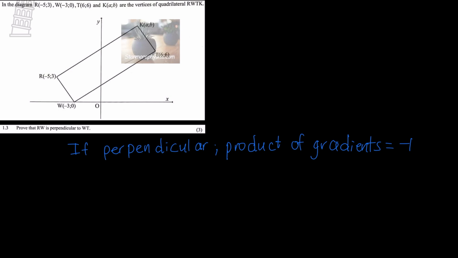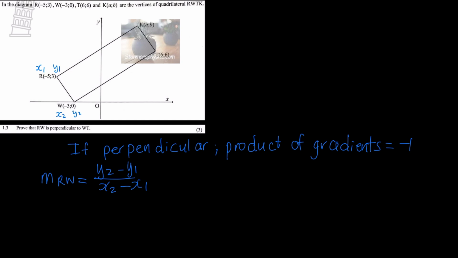We worked it out. But we don't know the gradient for RW. So what we can do, start with our formula. Gradient for RW, y2 minus y1 over x2 minus x1.